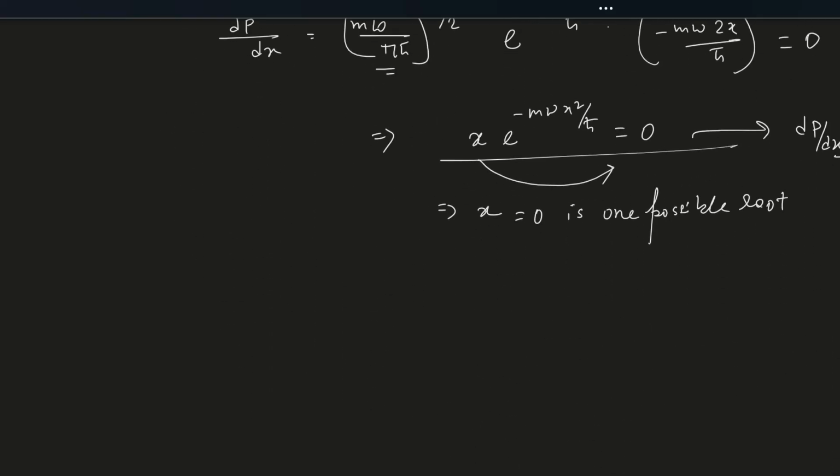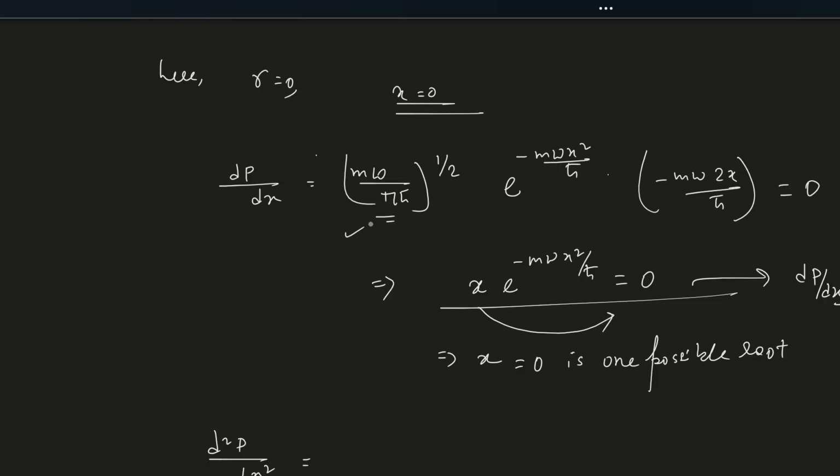But to confirm whether x equal to 0 is a maxima, we have to take the second order derivative, that is d2p/dx2. We start from here, m omega by pi h cut to the power of half, times minus 2 m omega by h cut, times x times the exponential, and this has to be differentiated all over again. This is a product, so we take the derivative term by term.